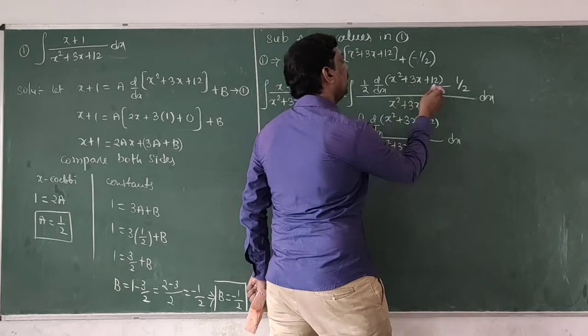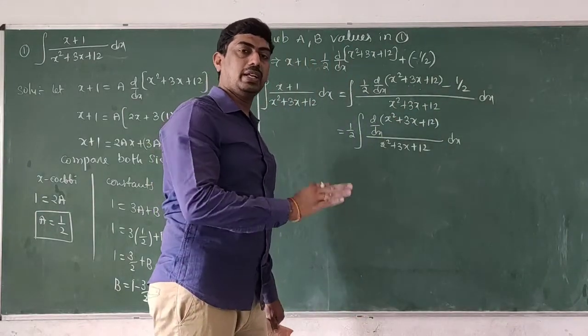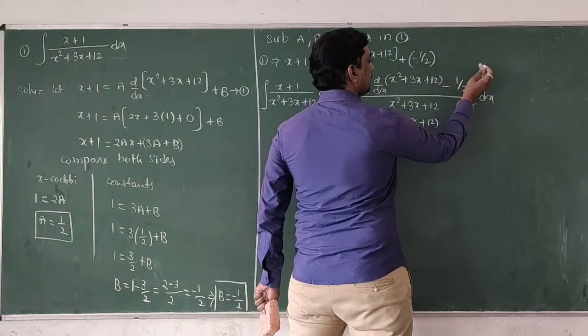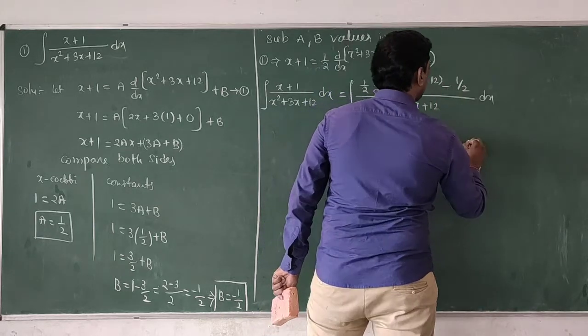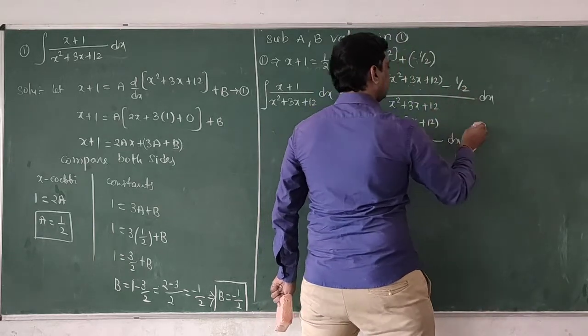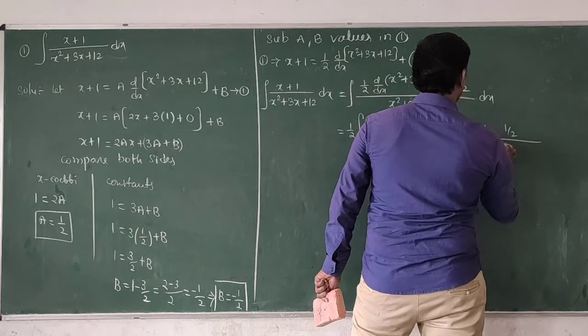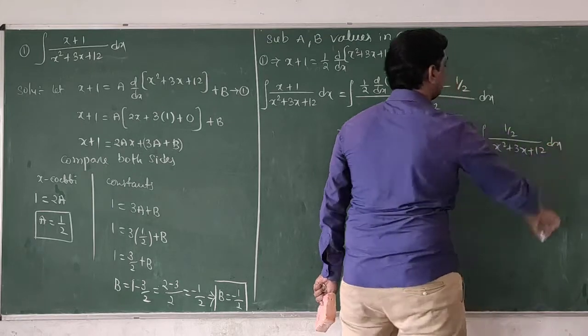Separate the denominator and separate the integration also. Integration of u minus v, integration of u minus integration of v. Integration of first term minus integration of second term. In the second term, we have minus 1 by 2 into integration of 1 by x square plus 3x plus 12 into dx.